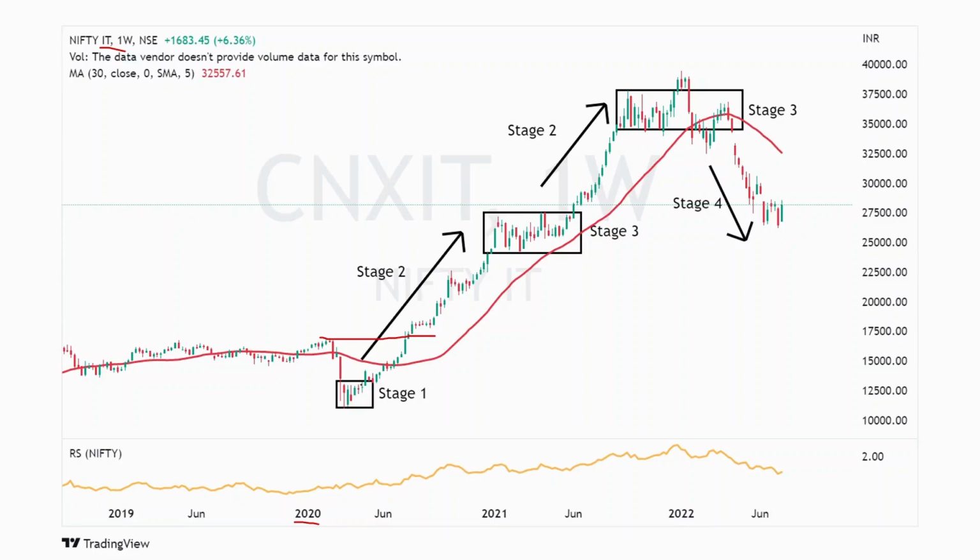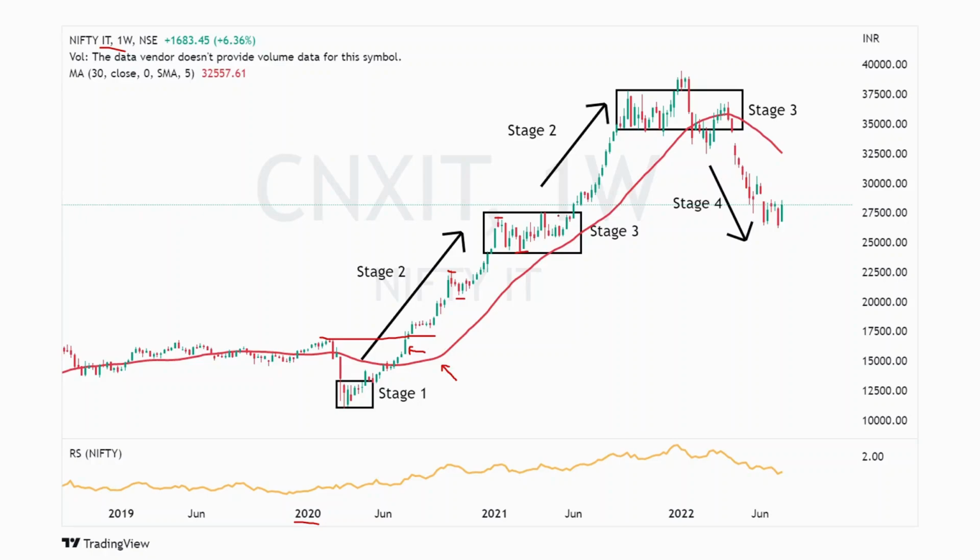So the sector actually moved into stage 2 when the 30 weekly moving average line turned, and we can mark this wide range candle as the starting point for stage 2. And then we continue to move up, made a new high, new low, new high, new low.